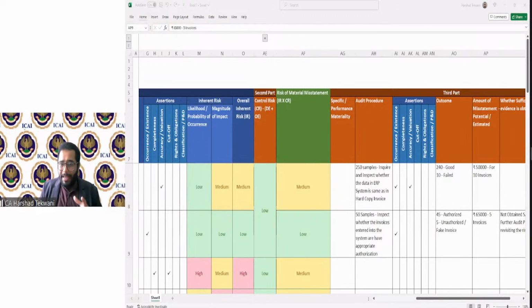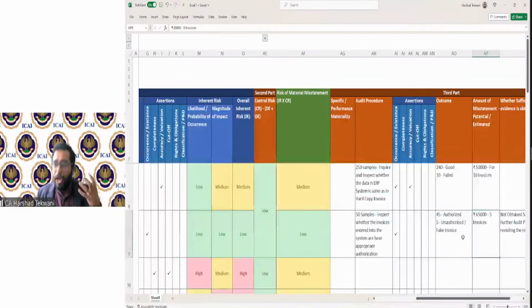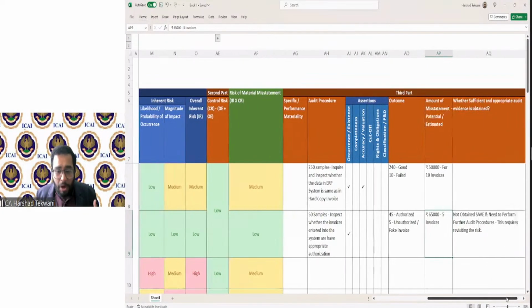Are you getting my point? That's why I say risk assessment is a continuous process. Throughout the audit, I need to go back again and again and check whether the audit evidence I have obtained is pointing me towards something that I need to revisit.